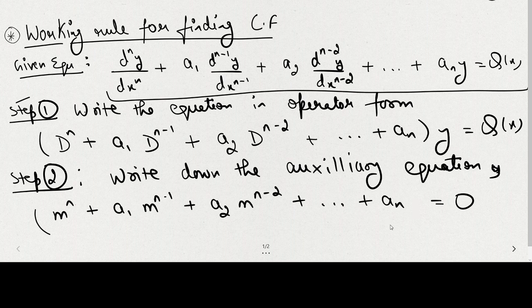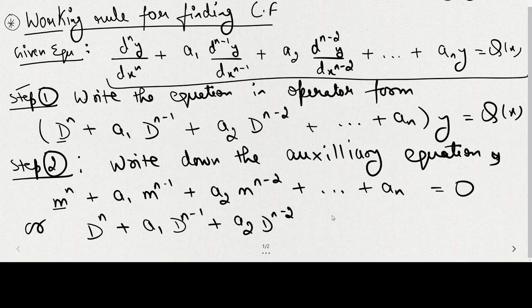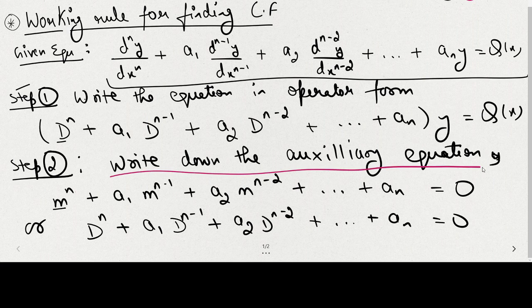We will not have the y here because it's the auxiliary equation, so we replace the operator D by a constant m, or you can write it in the operator form if you want: D^n plus a1 D^(n-1) plus a2 D^(n-2) plus dot dot dot plus an is equal to 0. So this is step 2 and this is step 1.